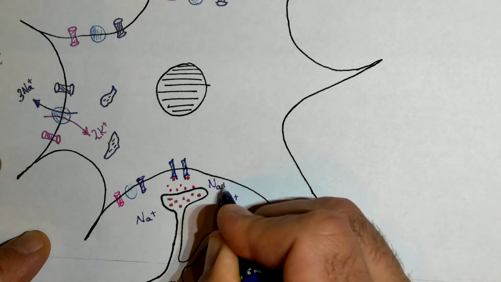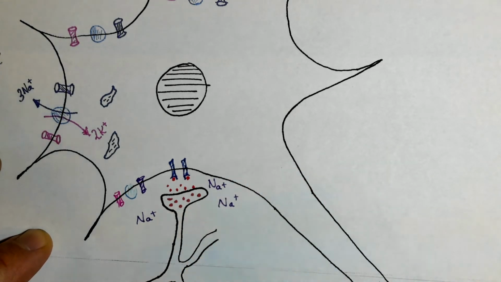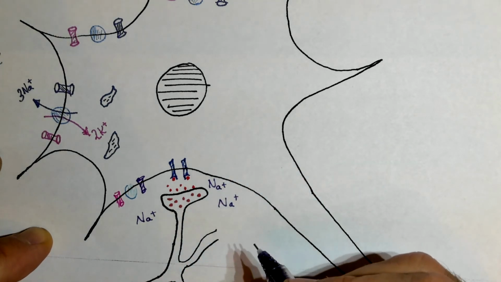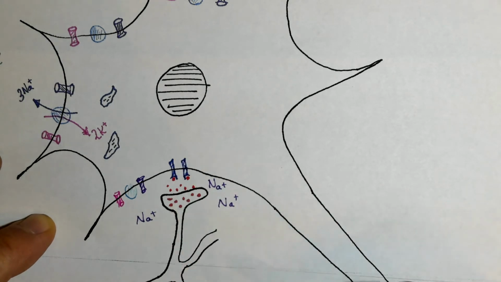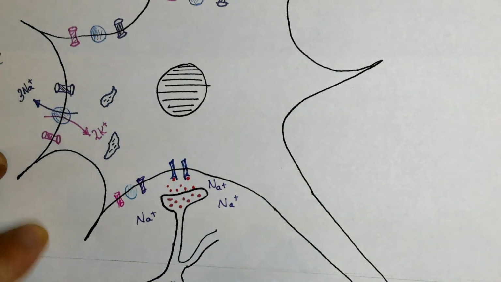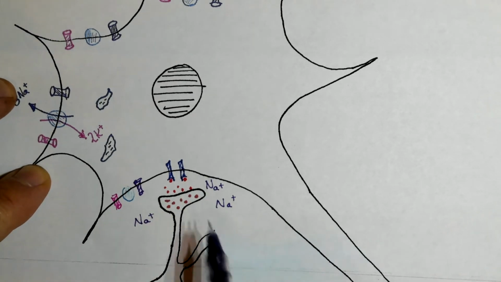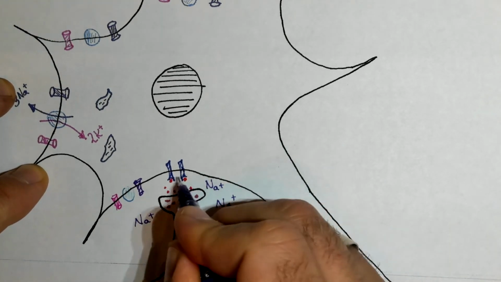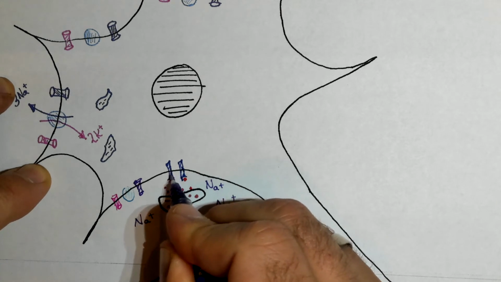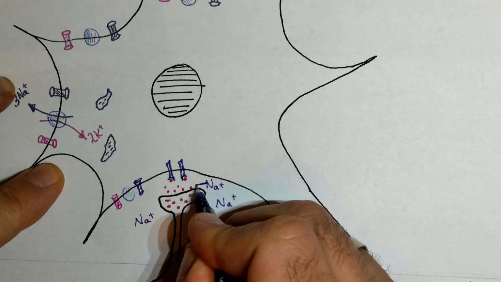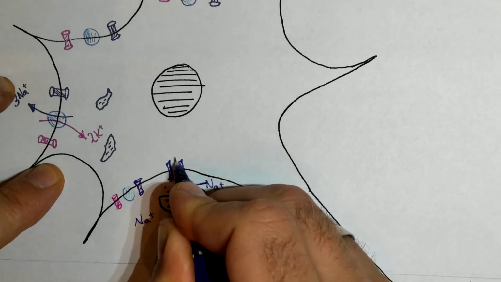And this creates a potential, right? And the potential is, in this case, the potential for the sodium to actually enter once that ligand-gated channel opens, which is exactly what's going to happen. Once it opens, this is a ligand-gated channel for sodium, and sodium will rush in.